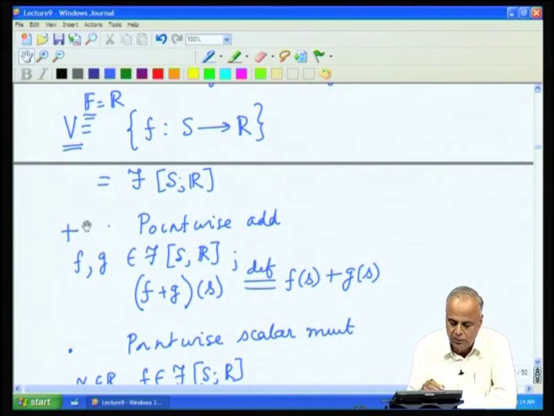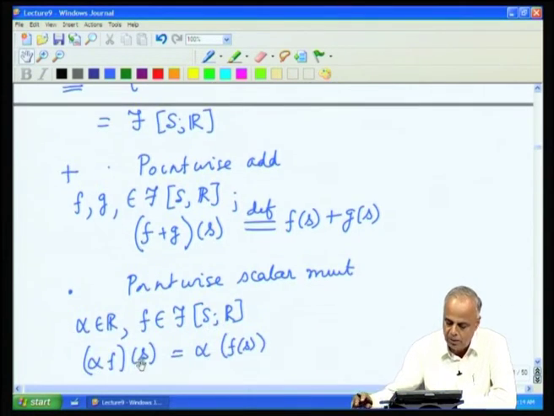Addition of functions is pointwise addition, scalar multiplication is pointwise scalar multiplication.